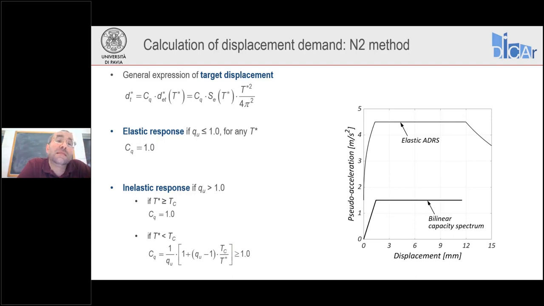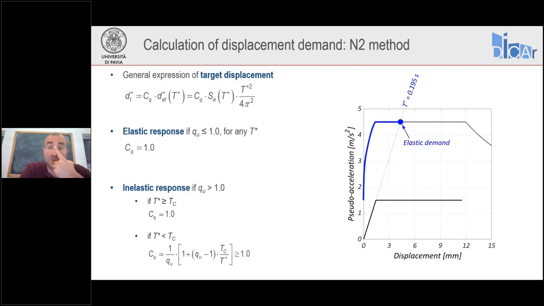We can keep the elastic displacement demand, and C sub Q is equal to 1. While if we have a short period system, so if T star is less than Tc, only in this case, so for an inelastic system, Q greater than 1, in a short period system, T star less than Tc, then we amplify our displacement demand with a factor C sub Q, which is greater than or at least equal to 1, using the equation here at the bottom of the slide.